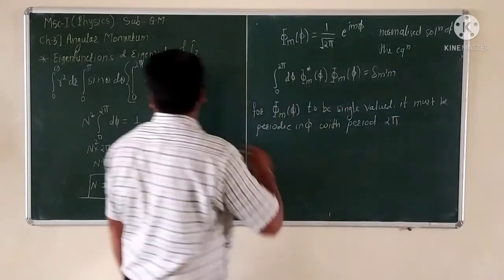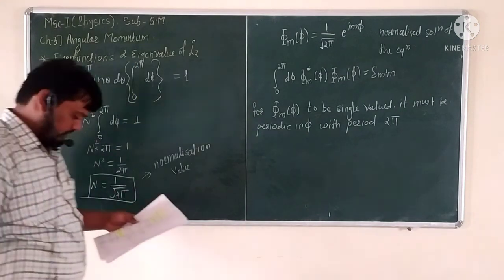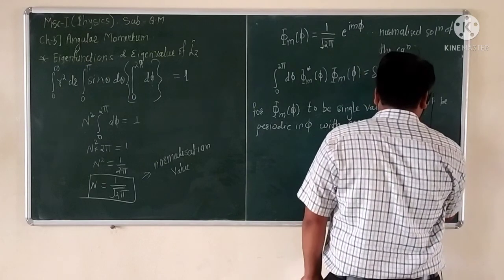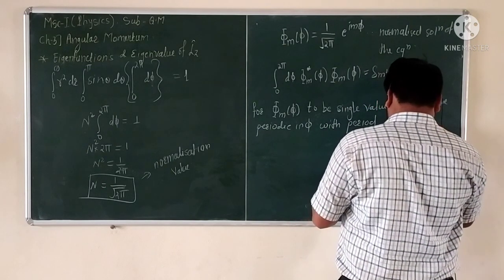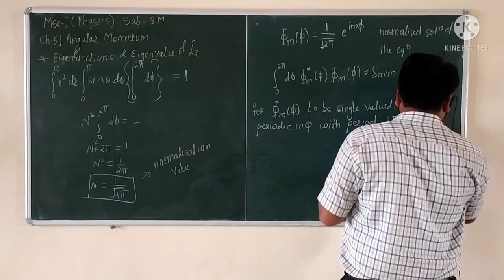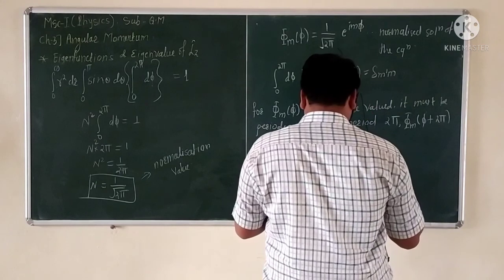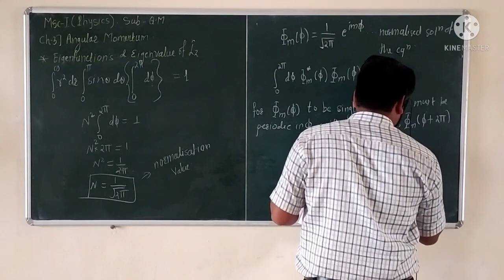So we have to know that in this integration, from 0 to 2 pi, Phi_m of phi plus 2 pi is nothing but Phi_m of phi.